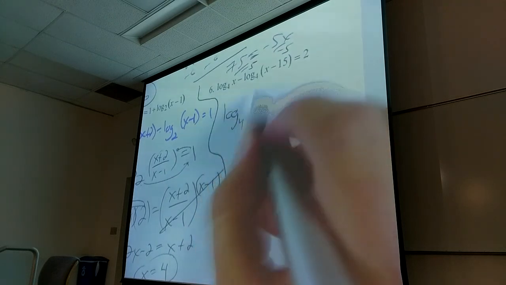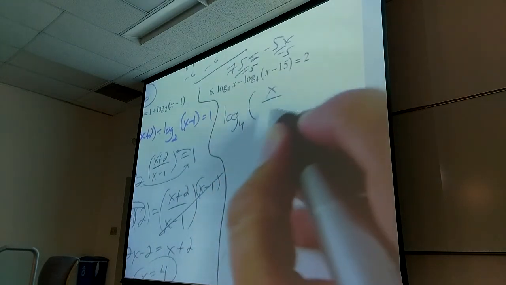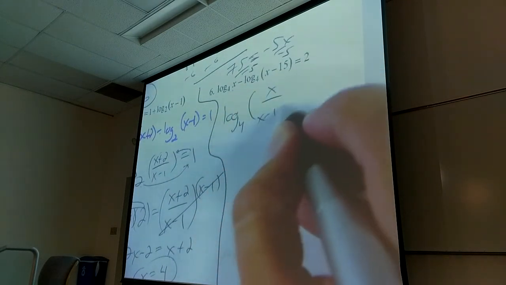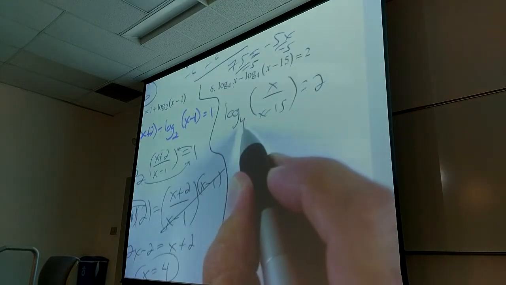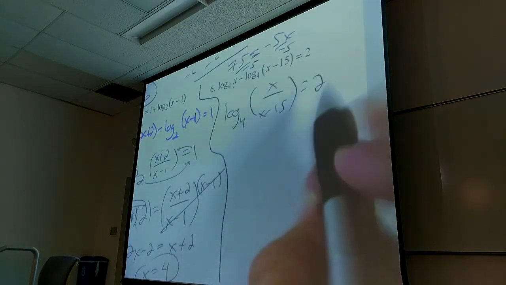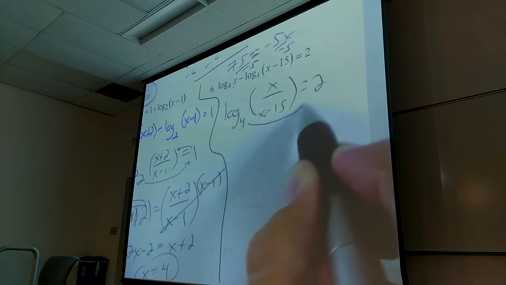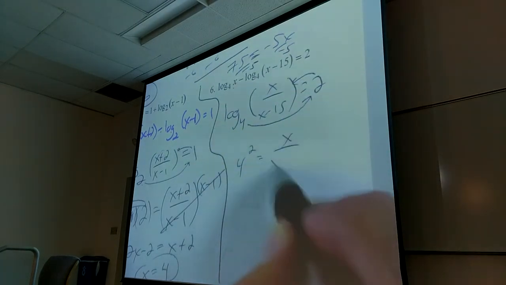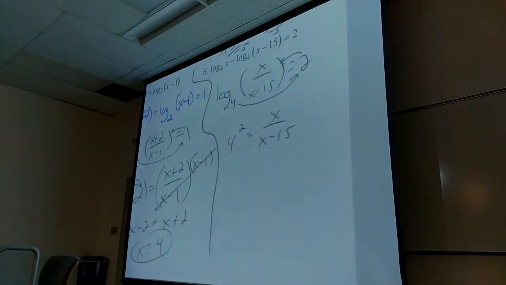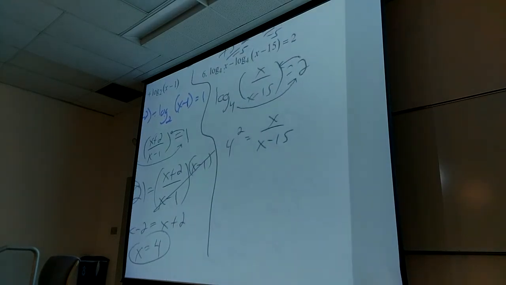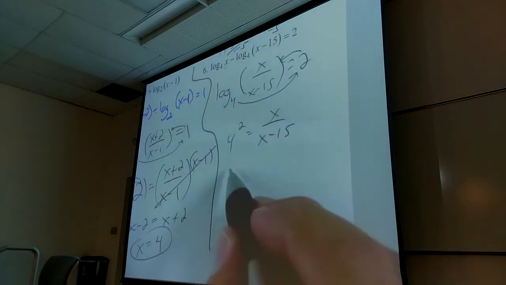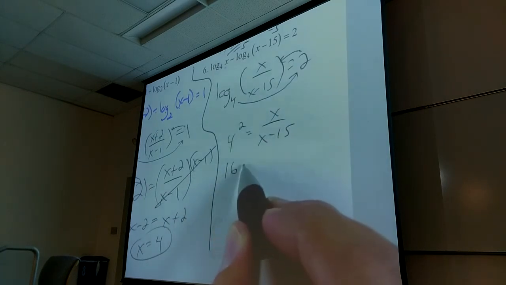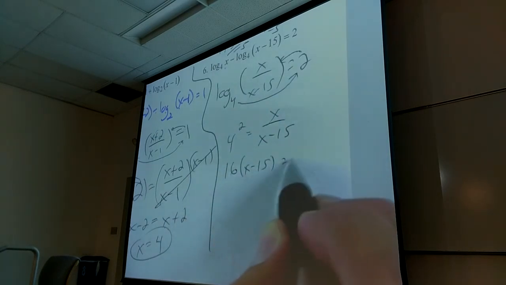Log base 4 of x divided by x minus 15. And now I got a single logarithm. So now I can do 4 to the power 2, 4 squared, so you get 16. Multiply by the x minus 15.